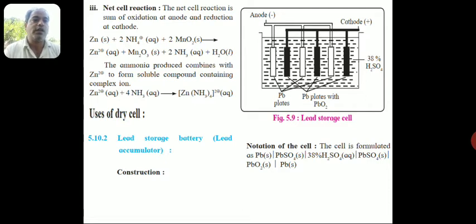Then the single vertical line, 38% aqueous H2SO4, then PbSO4 solid, single vertical line PbO2, and again Pb. This is the representation of the cell, and this one line gives us a lot of information regarding the cell.